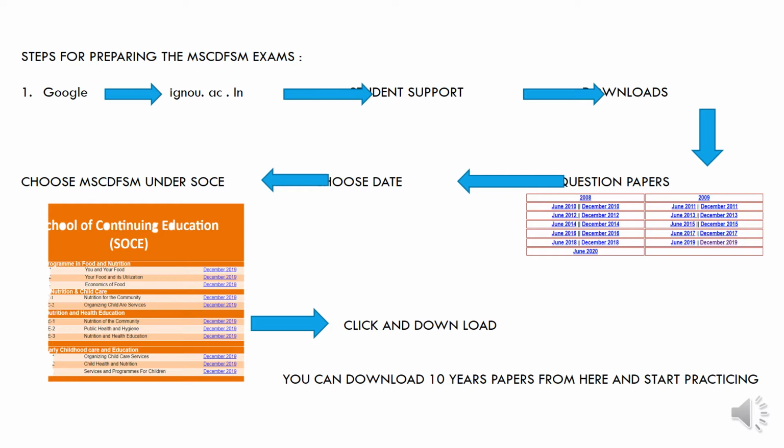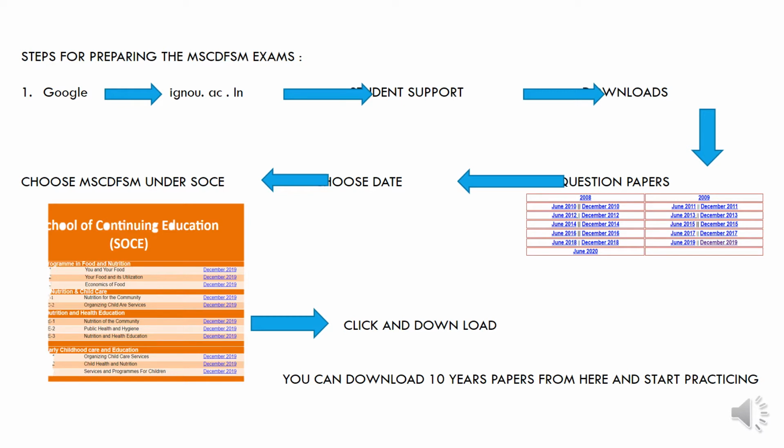Then you can choose your date, whichever date you want. Suppose you choose December 2019, you will get all the university papers, whether it's psychology, B.Ed and M.Ed, or whatever courses they have. So all the things are open in front of you.